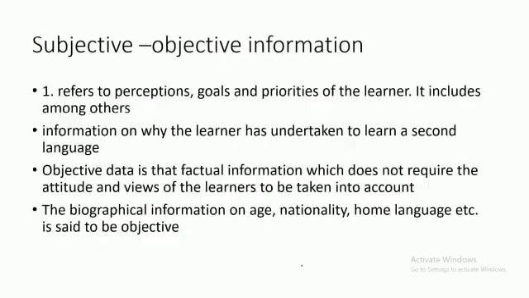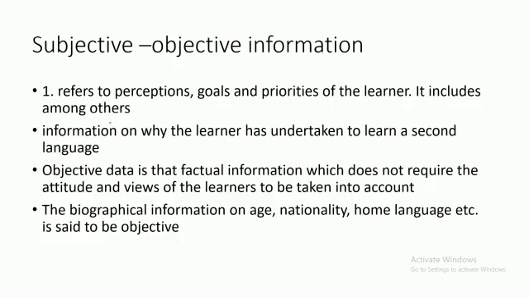Now we are going to be clear about the information that when we do the needs analysis, we have to depend on two types of information, that is subjective and objective information. Subjective information refers to perceptions, goals, priorities of the learner.